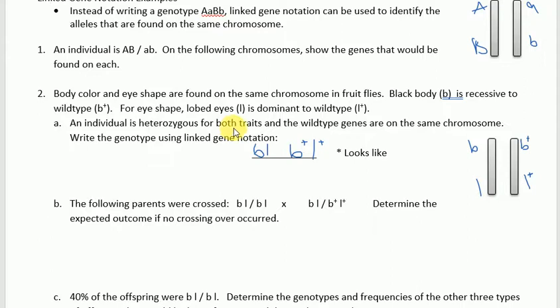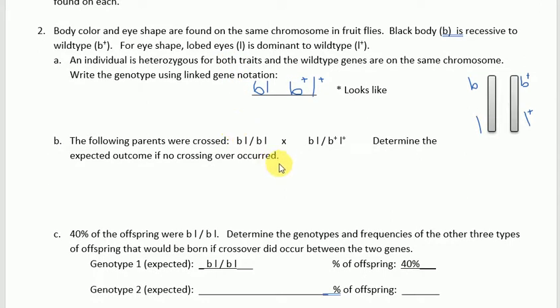So the next one says the following parents were crossed. Little b, little l, little b, little l, and little b, little l with b wild, l wild. So determine the expected outcome if no crossing over occurred. So first of all, I just want to note that the wild type, this is just for linked genes. So don't let it confuse you here.